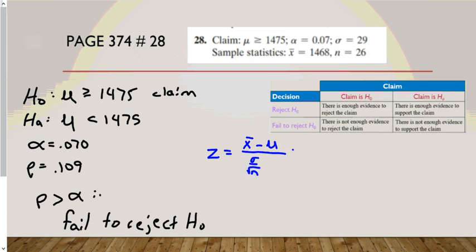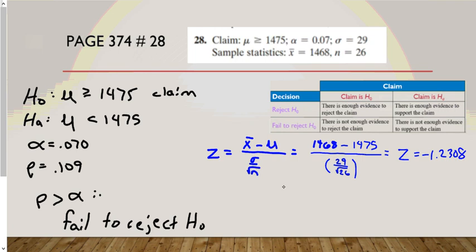So when we put some numbers in for this, we get 1468, go up here, minus 1475, divided by 29 over the square root of 26. Again, this is how we would do it by hand. You put all that into your calculator very carefully, and then you end up getting z is equal to negative 1.2308. So that's our critical value.